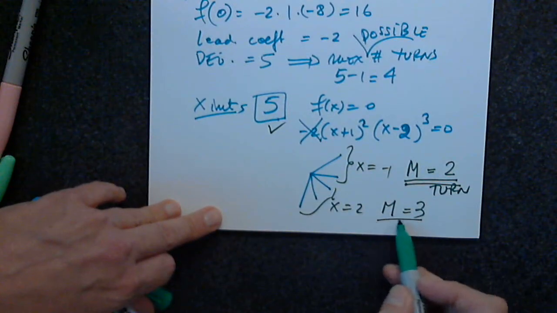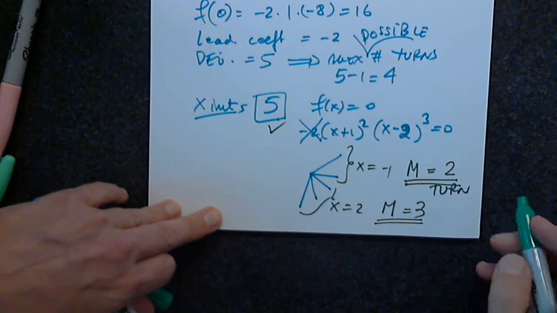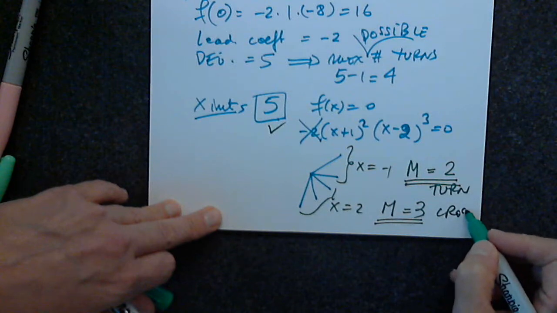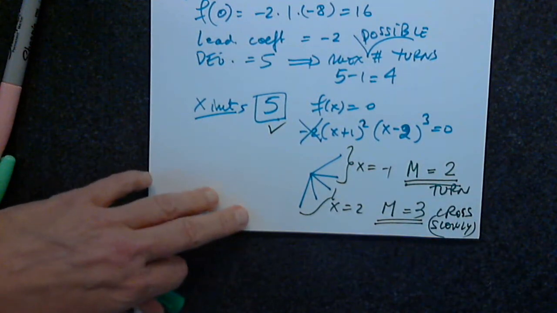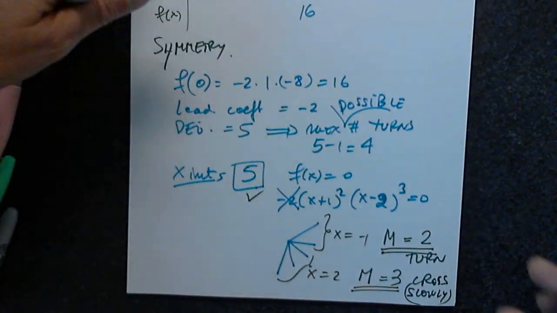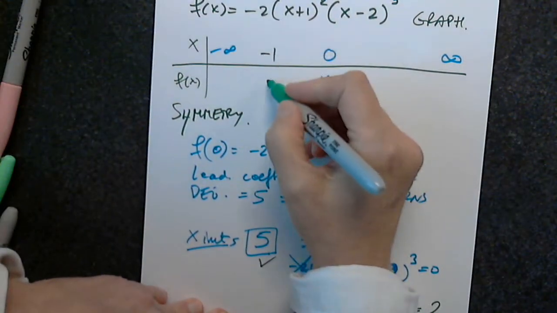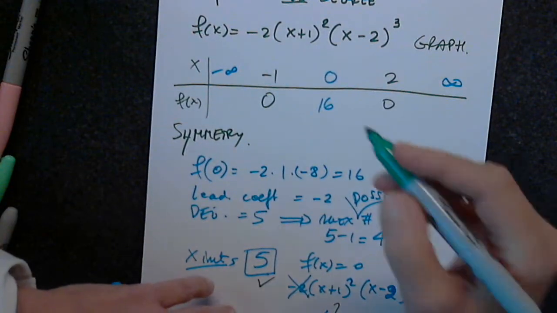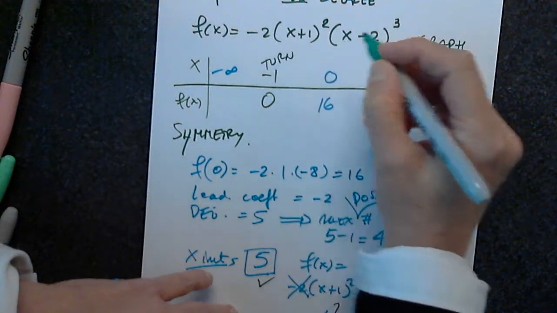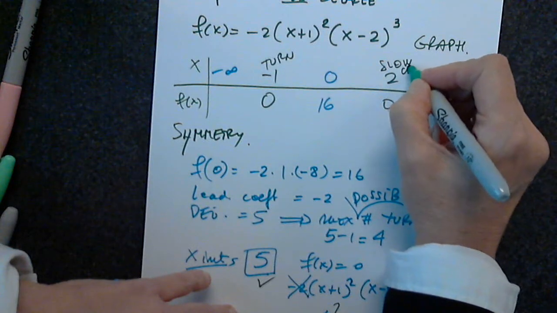Excellent. What about multiplicity 3? Yes, it will cross, but it will slowly cross. So negative 1, 0, and 2, 0, and I make my obvious notes. Turn, slow, cross.